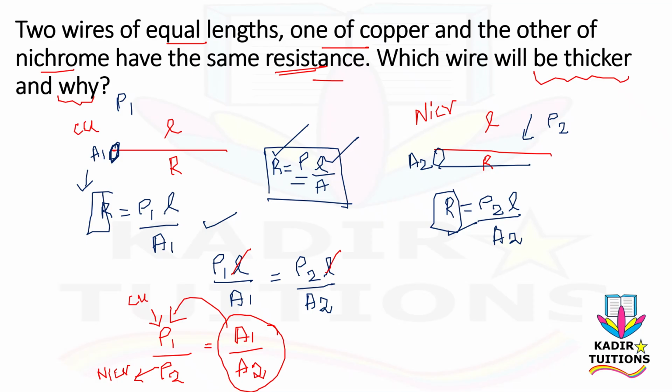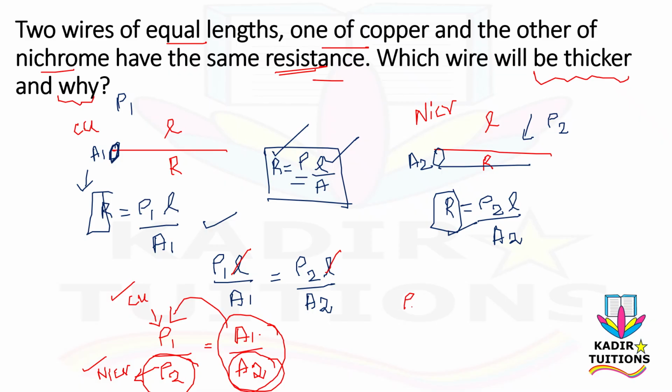So first find which material will have more resistivity. Will copper have more resistivity or will nichrome have more resistivity? Obviously, nichrome will have more resistivity. Why? Because it is an alloy, and an alloy has more resistivity. So I can say this rho 2 is greater.